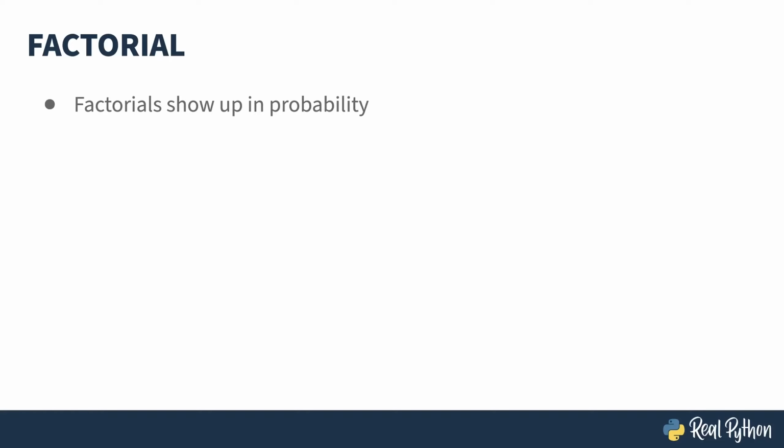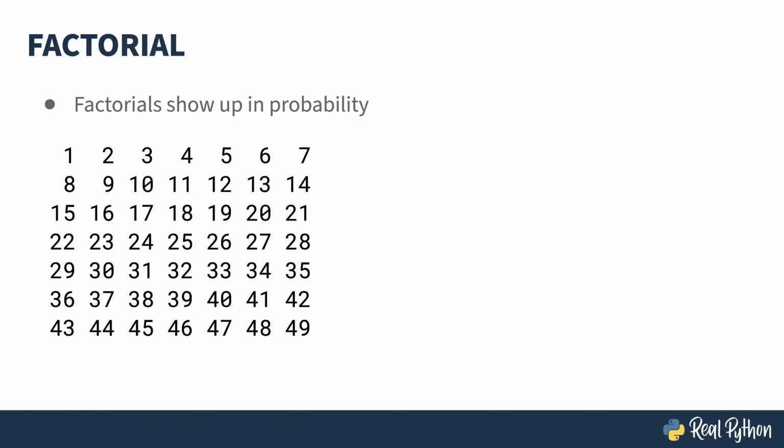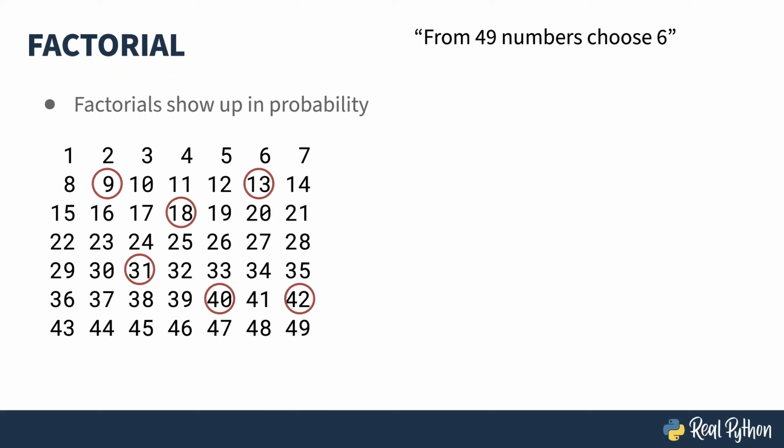One of the common places they show up is in probabilities. Consider how most lotteries work. You have a bunch of numbers, and you pick some subset. For some reason, having 49 numbers and picking 6 of them is a popular combination. There is a probability function called choose that is the number of combinations you can select from a set of numbers out of a larger set without duplicates.